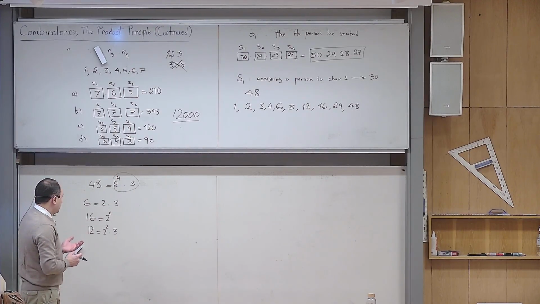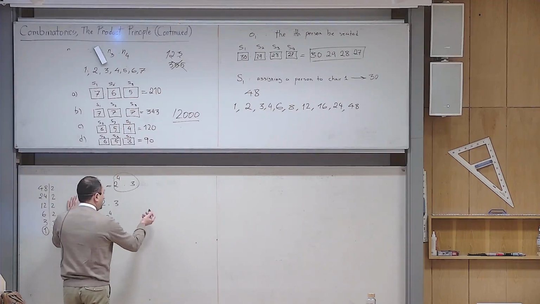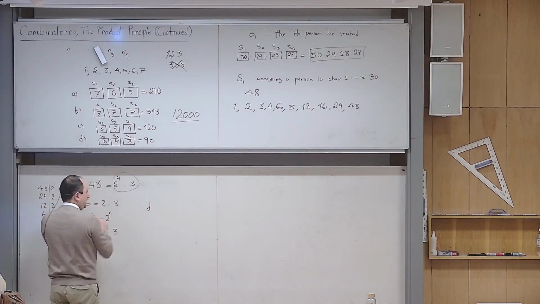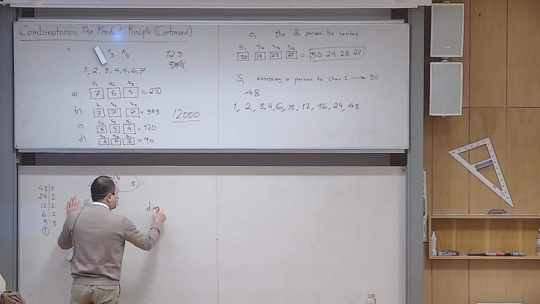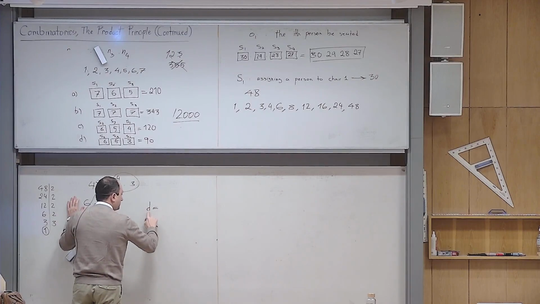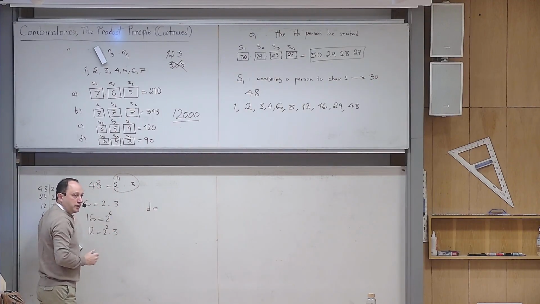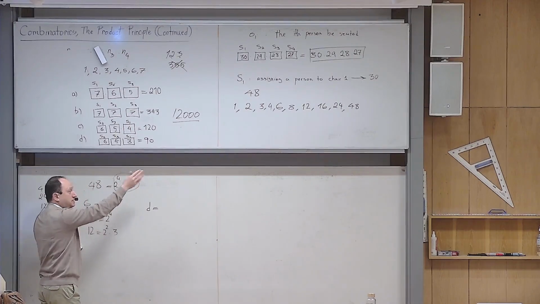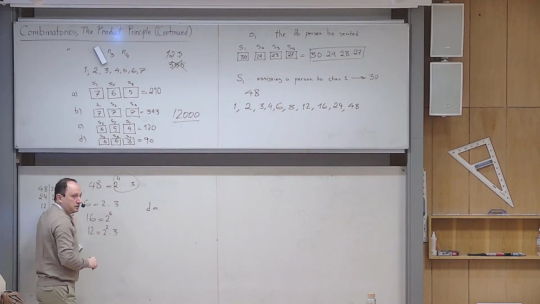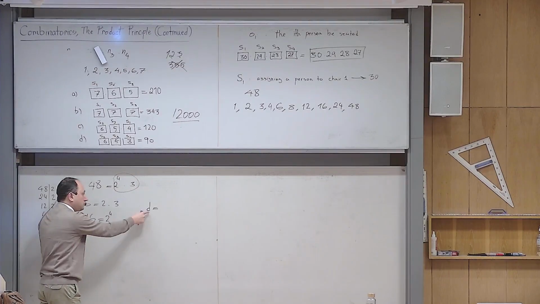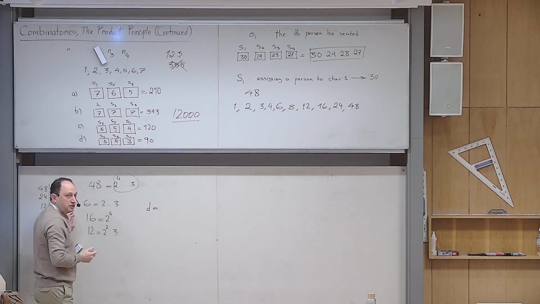I hope that you agree that if D is a divisor of 48, what is the general form of the factorized form of D? D is one of these divisors. If I factorize D, what do you expect to see in general?